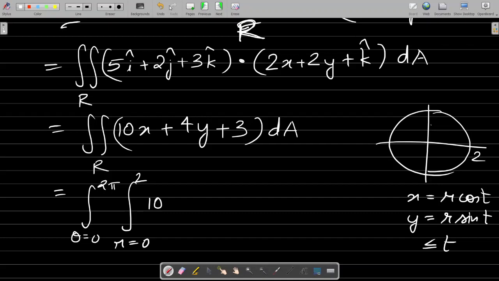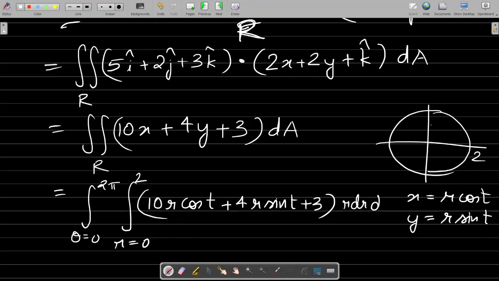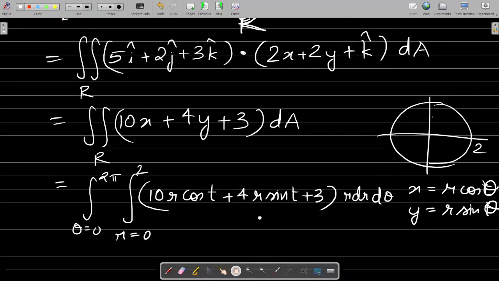Okay, and those limits we have already written. So r equal to 0 to 2, 10 into r cos theta plus 4 into r sin theta plus 3, times r dr d theta.